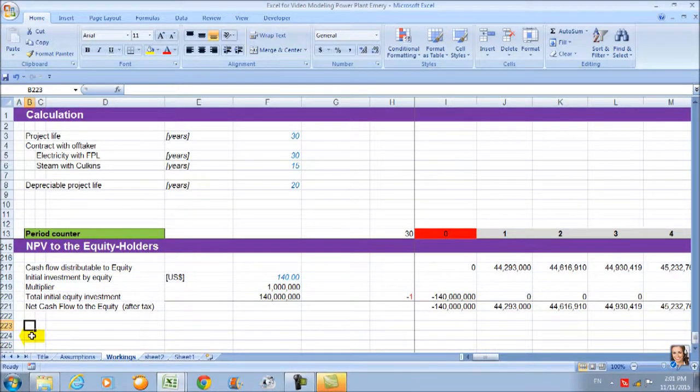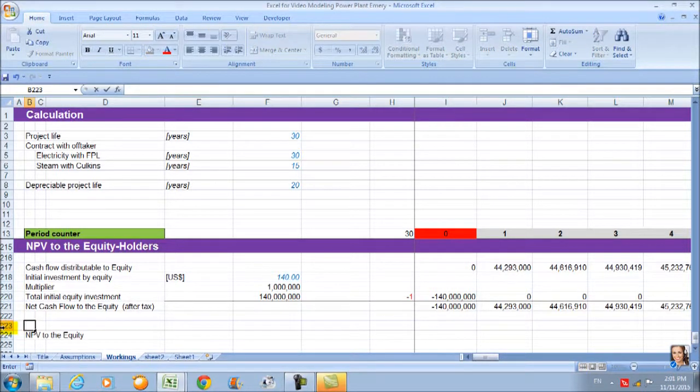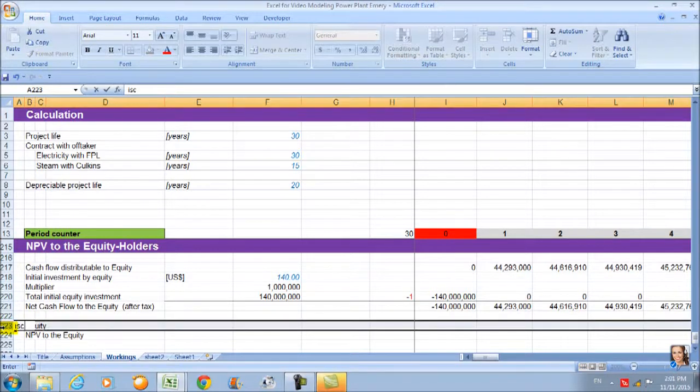Let me see, you have NPV of the equity, NPV to the equity. Okay, I will use the discount rate first. So you have equity discount rate.